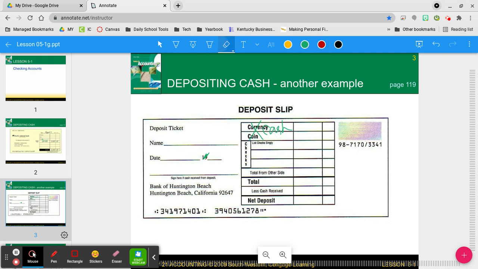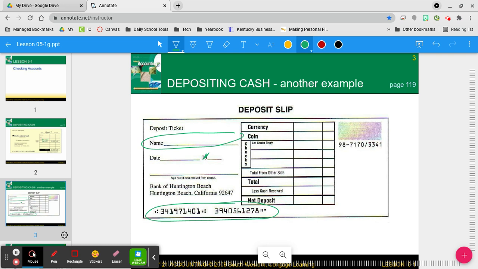But let's look at what happens if we're going to deposit money. Your deposit tickets, the ones you get out of your checkbook and the ones your business will have, will be pre-printed with your business name already on them, and it will have account number information down here.